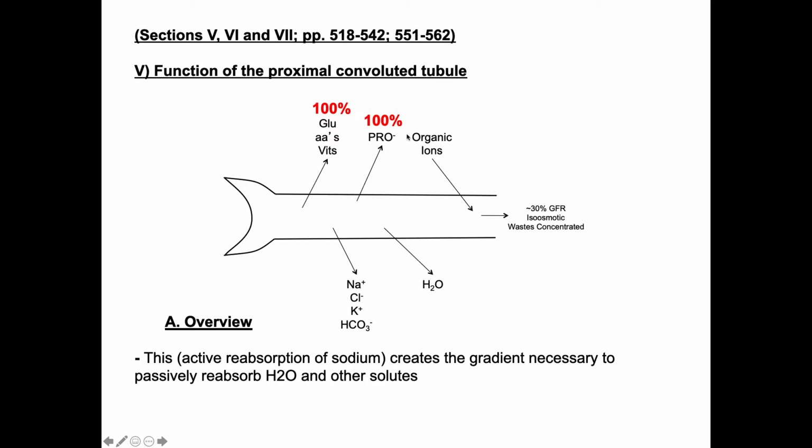Any protein that happens to slip by all those layers of the glomerular membrane and enter into Bowman's capsule gets reabsorbed here. 70% of the sodium, chloride, potassium, and bicarbonate that enters Bowman's capsule is reabsorbed here in the proximal tubule, and about 70% of the water is reabsorbed here as well.